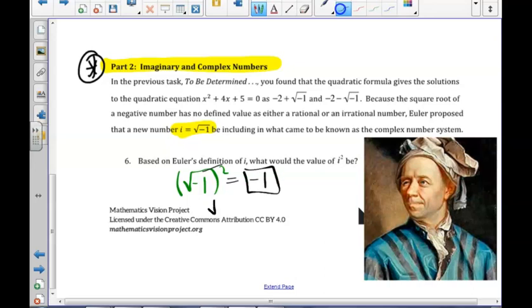Likewise, we also know that we can rewrite that as the square root of -1 times itself. That would also mathematically be the same thing as the quantity the square root of -1 squared. And when we multiply the square root of -1 times the square root of -1, we still get -1. So i squared would be equivalent to -1.